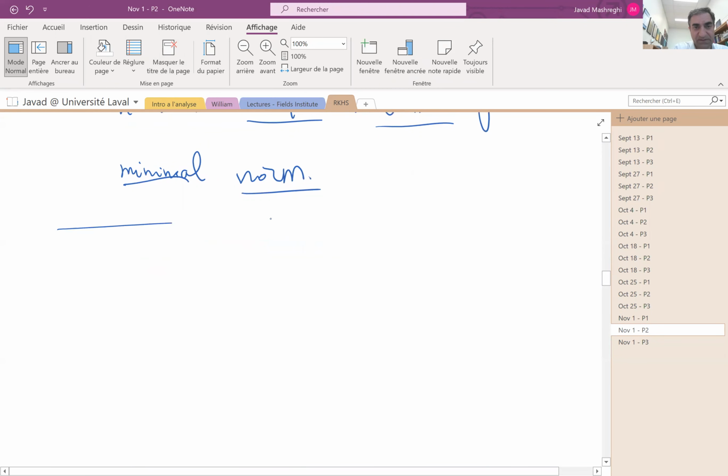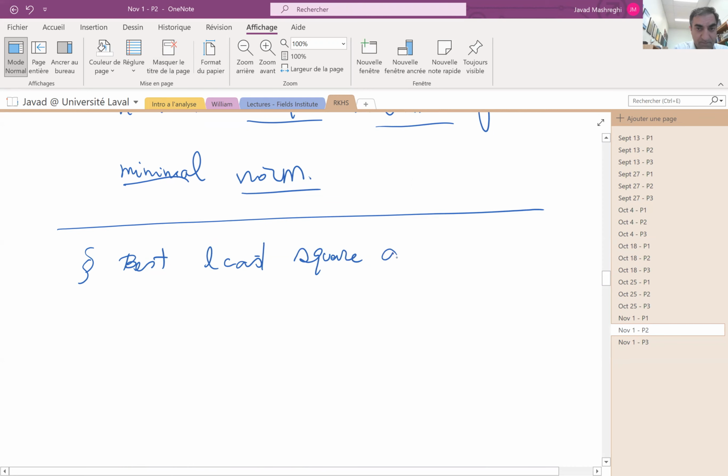A small section here for best least square approximation. Sometimes the solution does not exist.